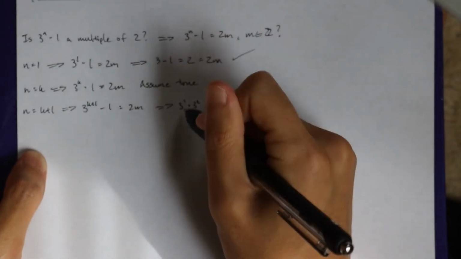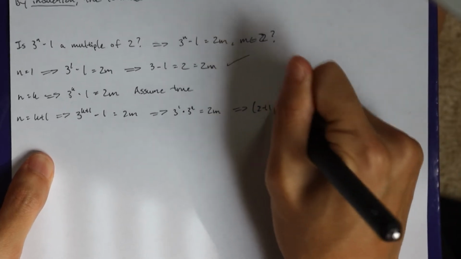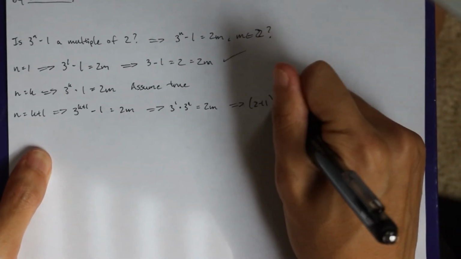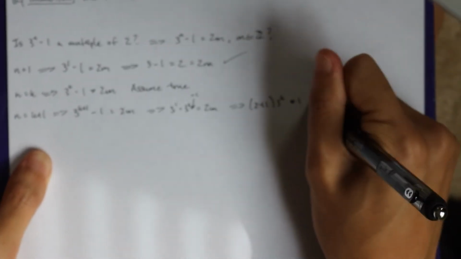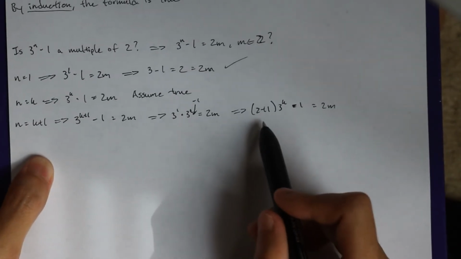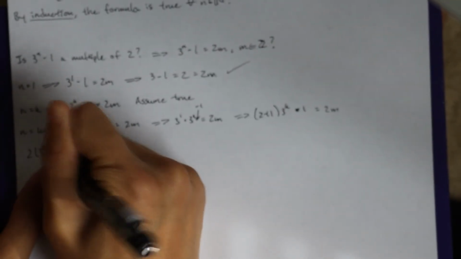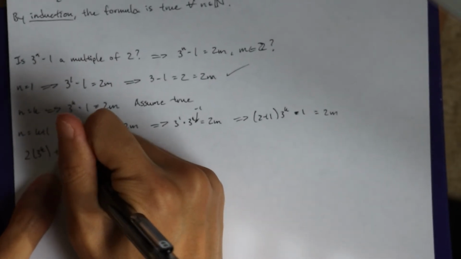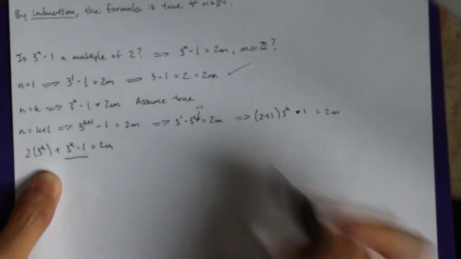So observe that we can manipulate 3 so that we have 2 plus 1, which is the same thing as 3, then all that being multiplied by 3 to the k, or I forgot to put a minus 1 here, put a minus 1, then a minus 1 equals 2m. So using the distributive property, now we have 2 times 3 to the k, then plus 1 times 3 to the k, which is just 3 to the k, then minus 1 equals 2m. Observe over here 3 to the k minus 1. This is from n equals k, so we assume that's true.